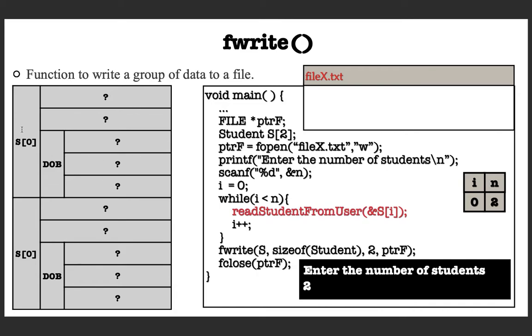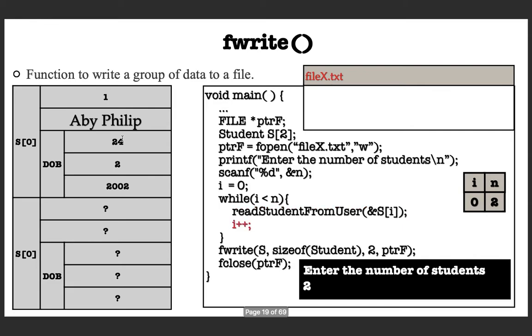For that I am passing the address of the first element in the array. This is exactly the same function that we discussed in the last lecture, so I am not going to explain that again. Note that you are passing the address. This function catches it in a pointer variable, and it fills that particular structure variable. Assume that now the user gives these as the details for the first student.